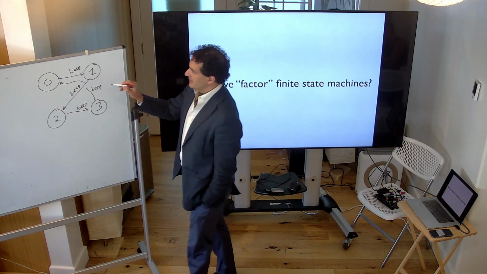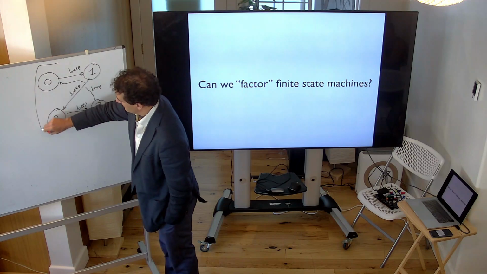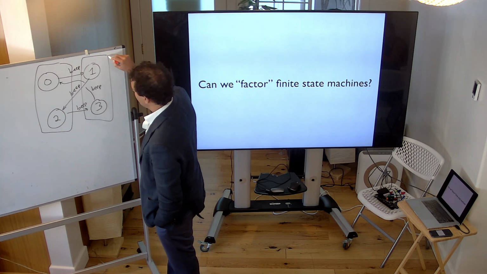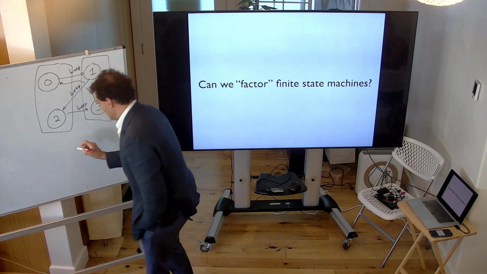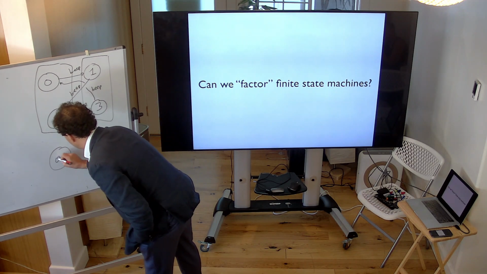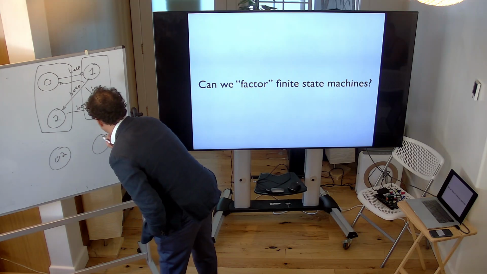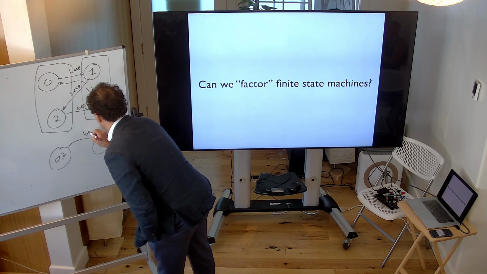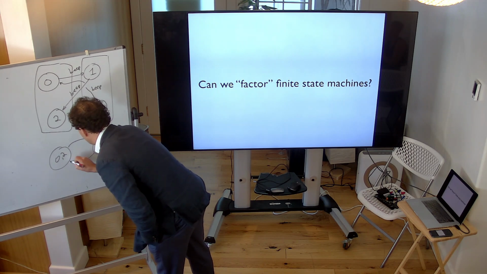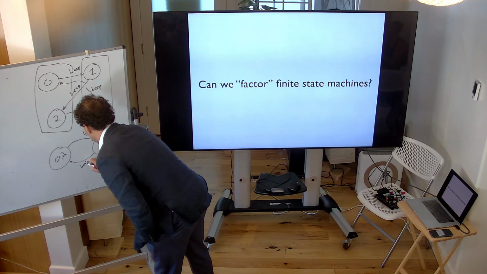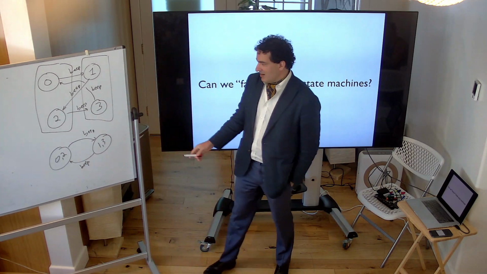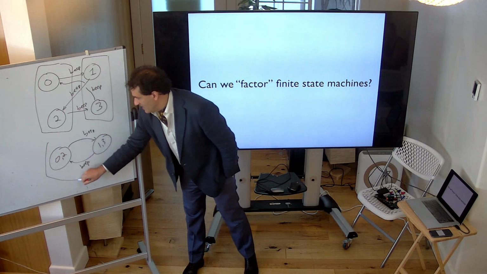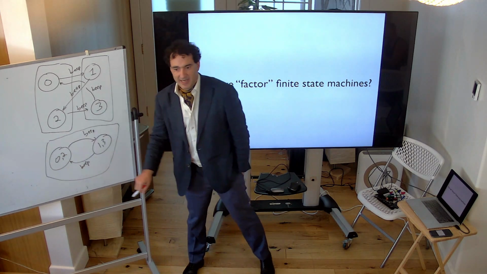I could merge these 2 states like this and merge these 2 states, and I get a simpler Edmund. I get a sort of subunit of the computation that Edmund is doing. So I'll write it like this. Now I have a simpler machine where I beep and it goes between 0, 2, and 1, 3.